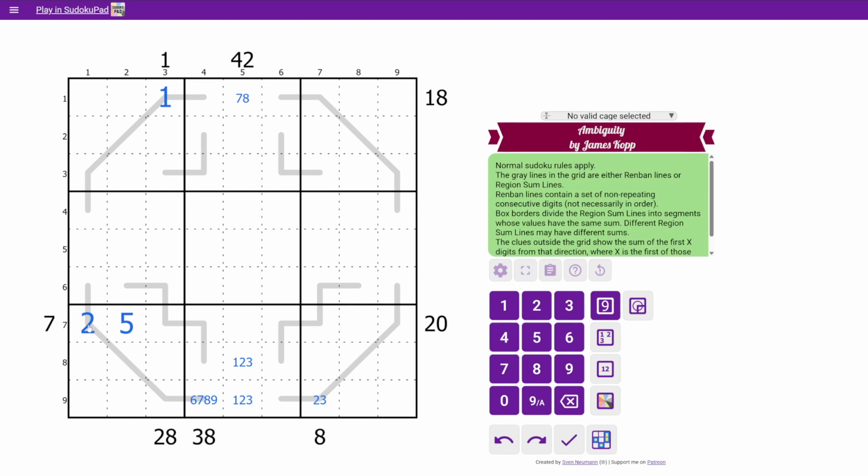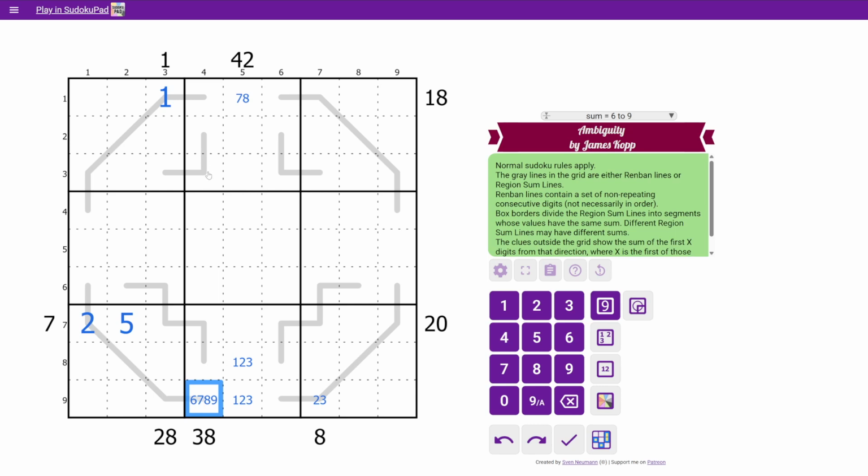So, 2, 3, 4, 5, 6. This could be a Rinban still. Otherwise, how would you get up there? If this was a high number, if it was 6, well, now hold.